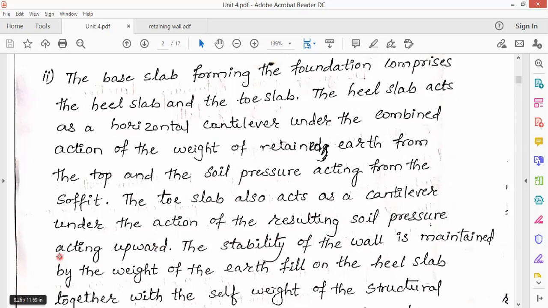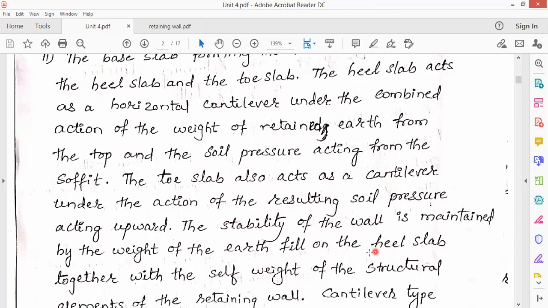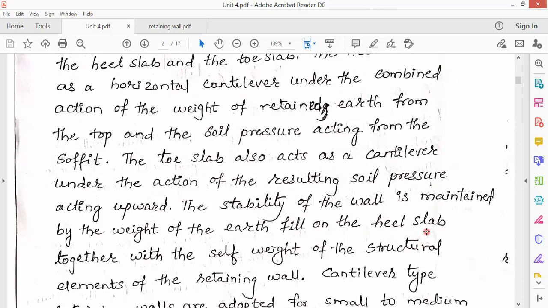See here, I have mentioned the soil pressure acting upward means it is not going to support anything. It is just a support provided so that it will not overturn or it will not bend. The stability of the wall is maintained by weight of the earth fill on the heel slab. Means how much earth is being retained on the heel slab, it is going to maintain the stability of the entire structure.